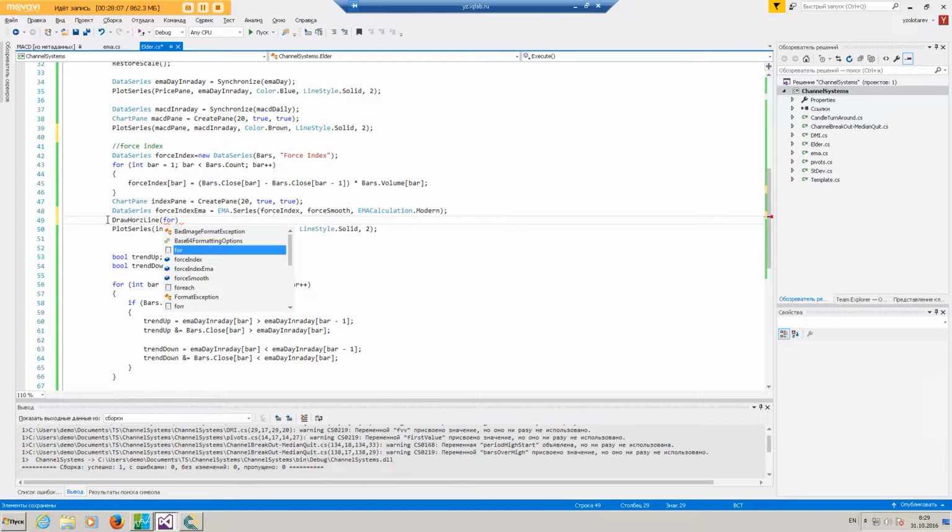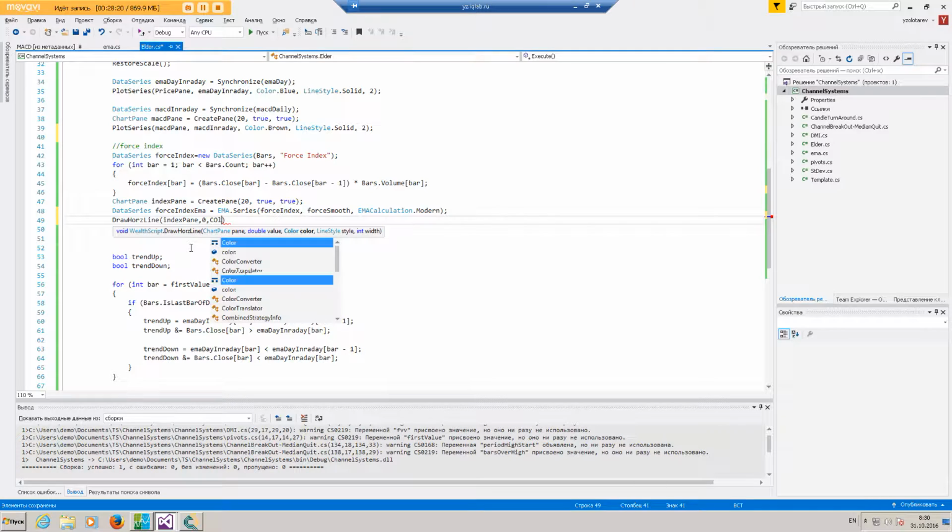Force index pane, a value 0, a color, I don't know, red, no, black, just black, line style dashed 1.